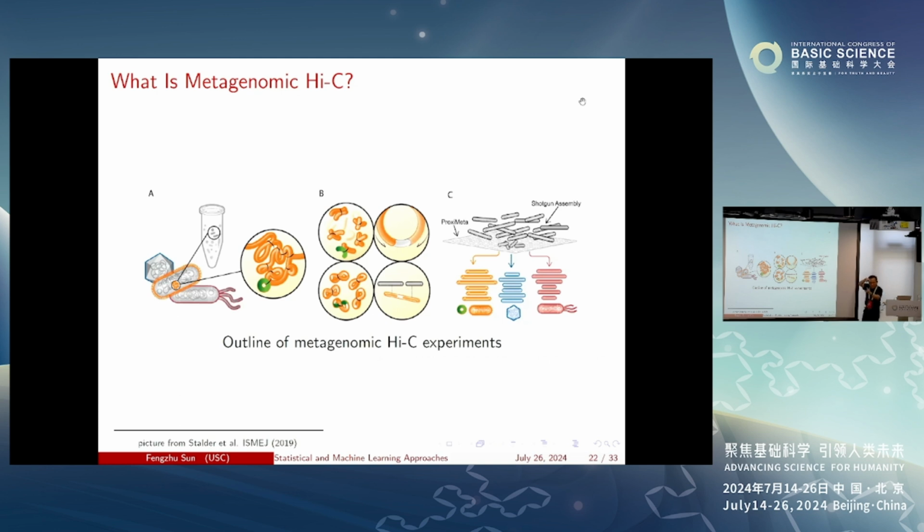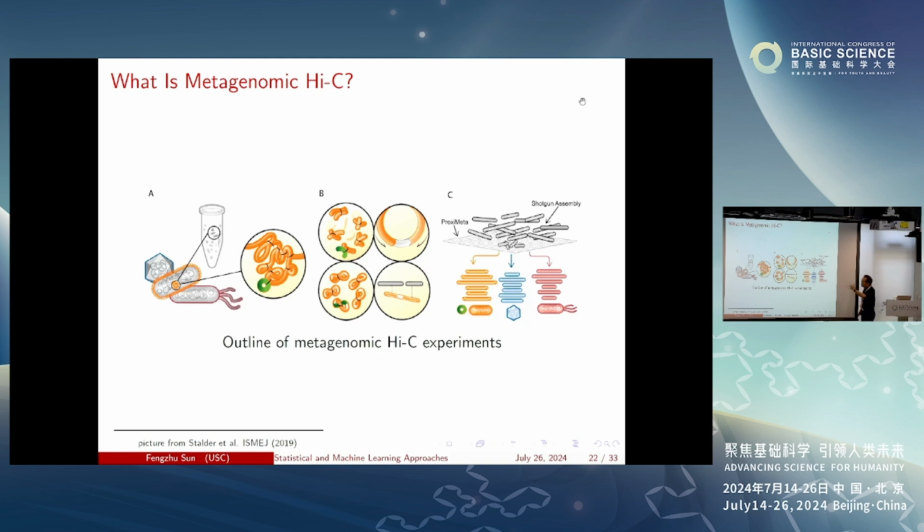In some cells, they may change shape and position. So Hi-C in a single organism is actually a very hot topic, and a lot of people are working on that problem. Metagenomic Hi-C is an adaptation of this Hi-C experiment from a single organism to the microbiome.